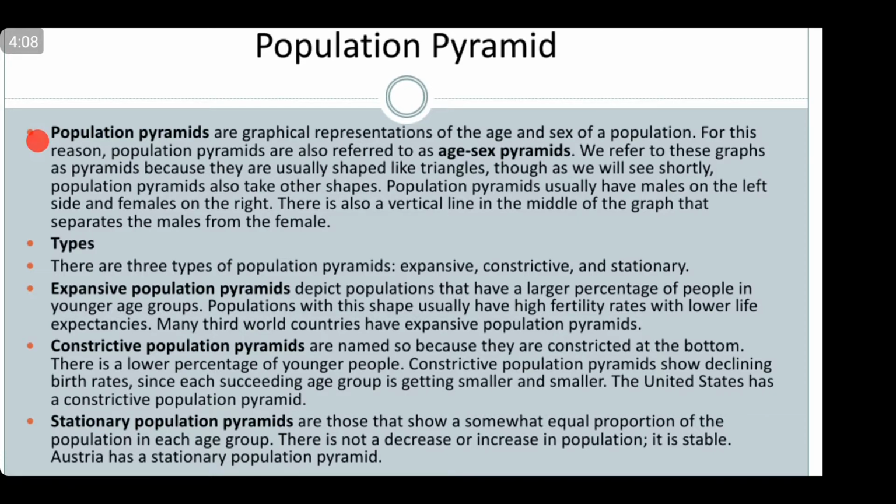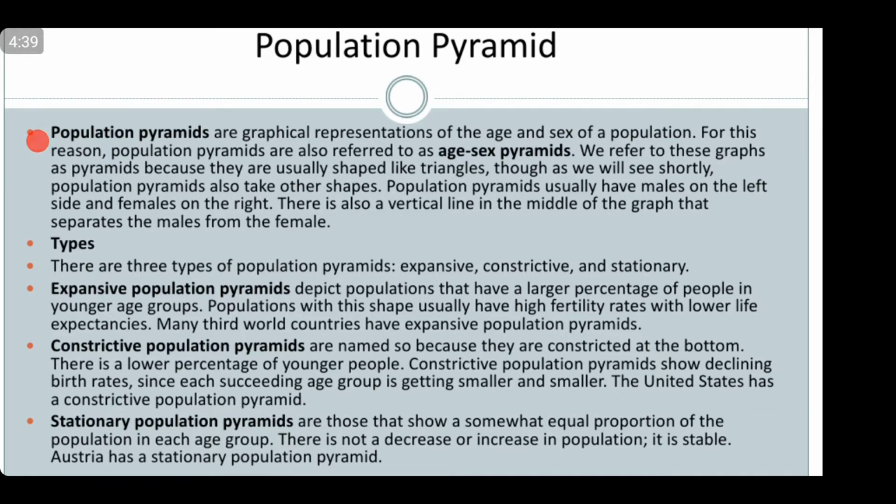This measures the rate at which females are being replaced by girls who would in turn be wives, isn't it? Now, there are basically three types of population pyramids: expansive, constrictive, and stationary. Or you can say expanding population, constant population, and the third one, declining population.